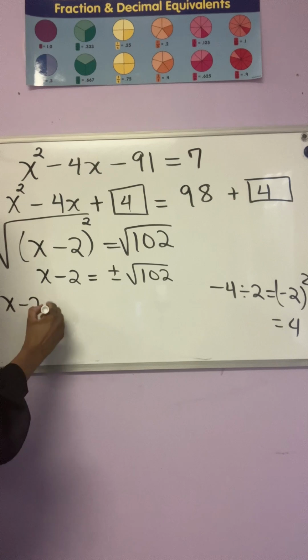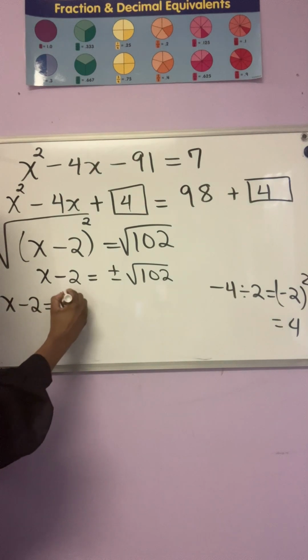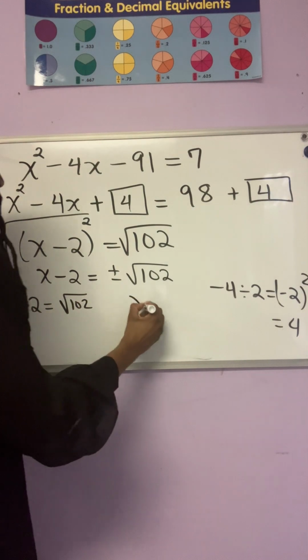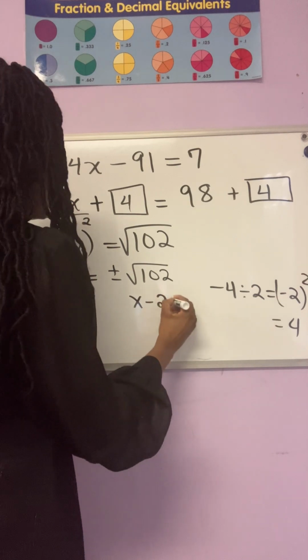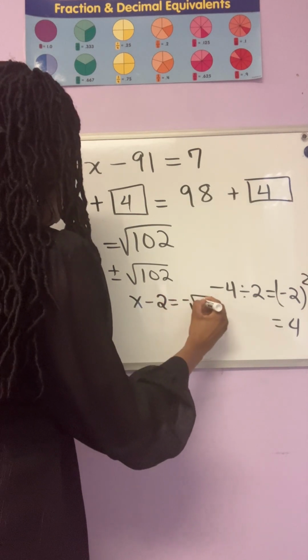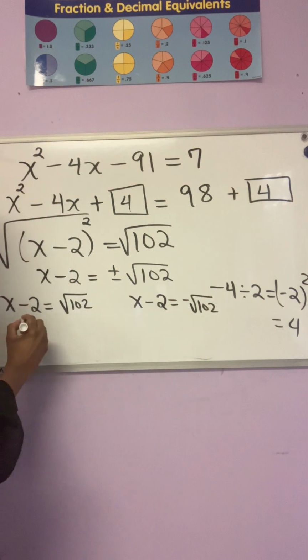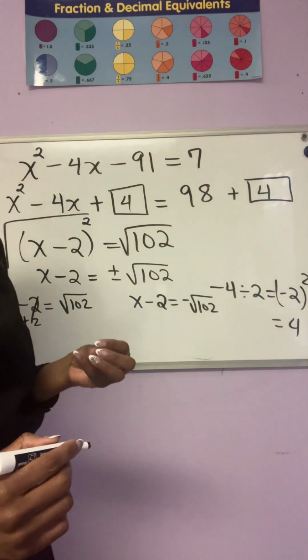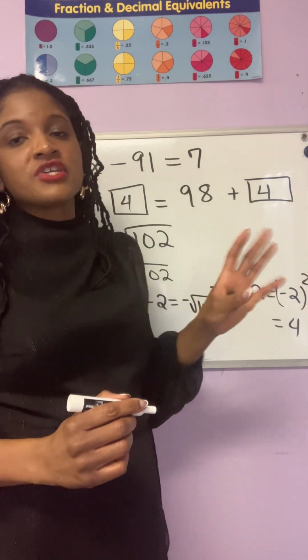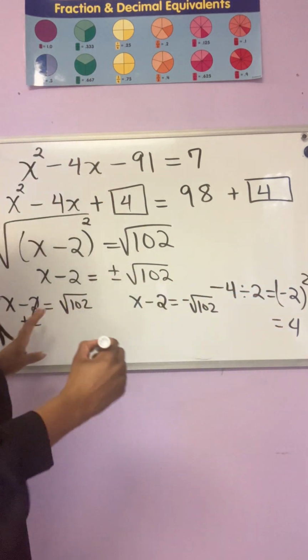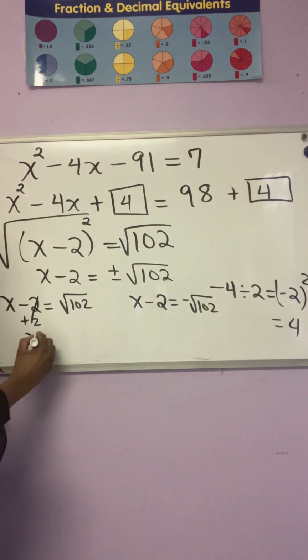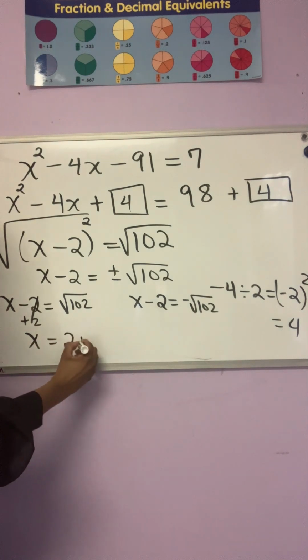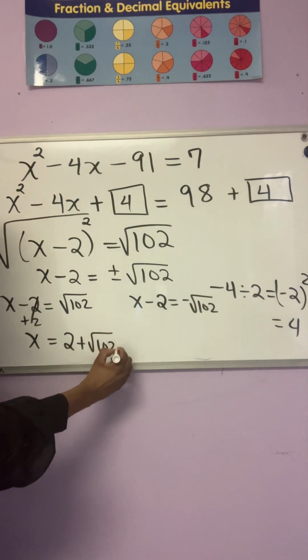And now you have x minus 2 equals positive square root of 102, and x minus 2 equals negative square root of 102. And all we can do, or at least the best we can, I mean, you can plug it into a calculator and get a decimal answer, but most teachers are not going to really want that. So the best is just to add 2 to both sides, and we just have 2 plus the square root of 102.